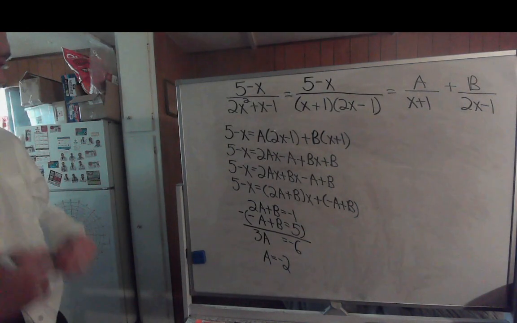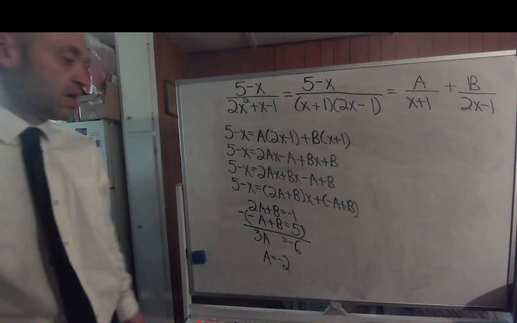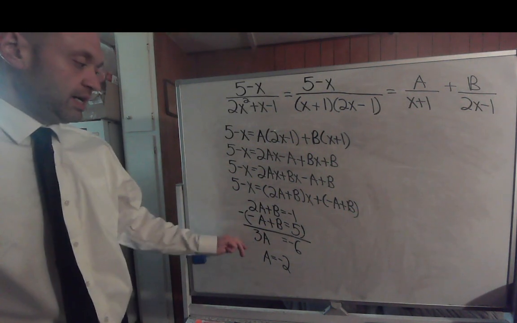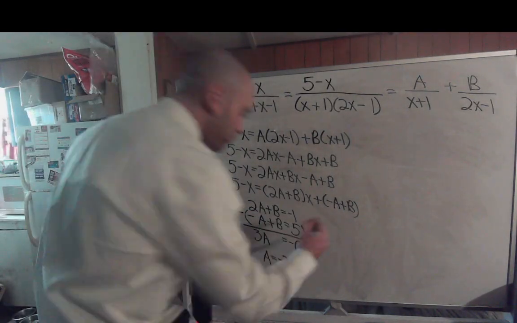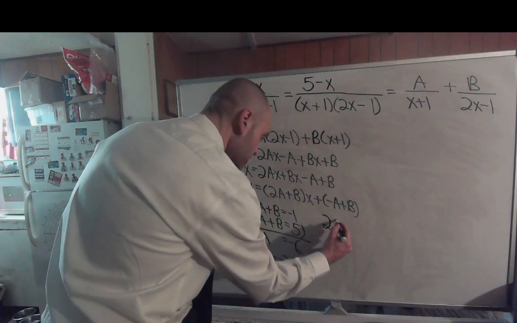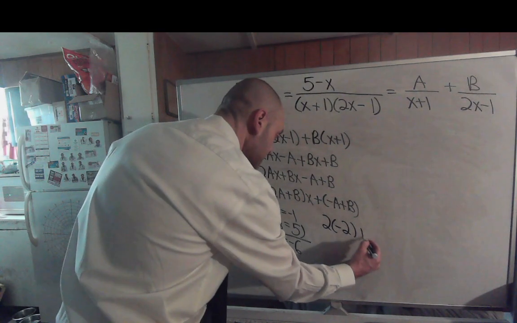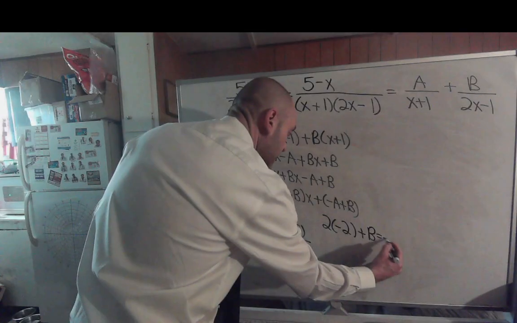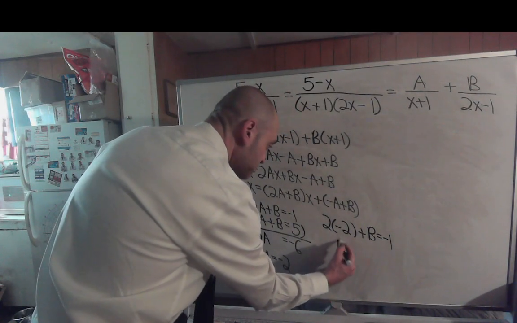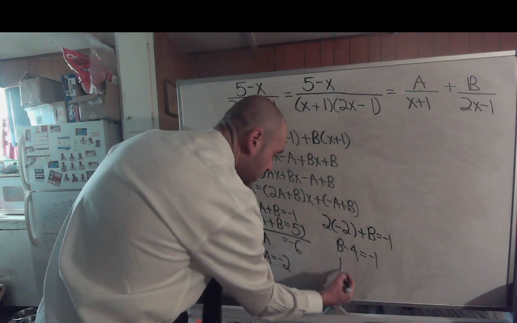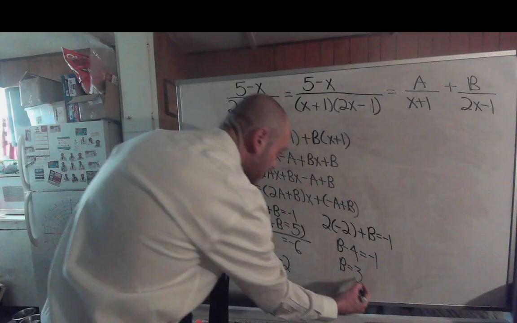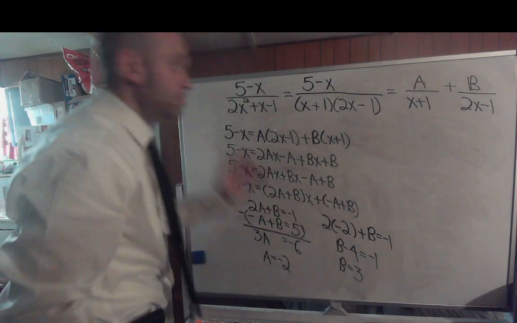All right, so we just found a. We can easily find b if we put that into one of these two equations. Let's pick the top one. So 2 times negative 2 plus b equals negative 1, which means b minus 4 equals negative 1, so b equals 3. So we found a and b.